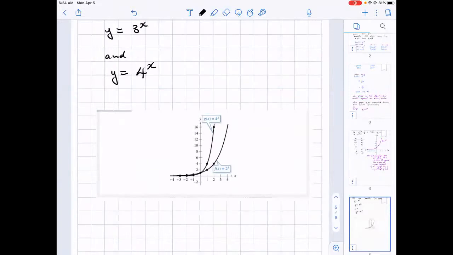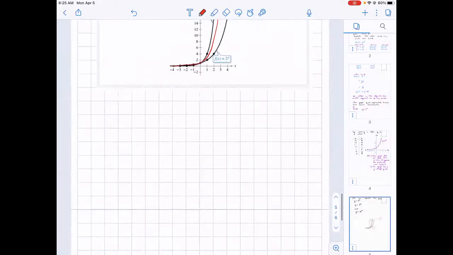I've shown here the graph of 2 to the x and 4 to the x. The graph of 3 to the x will fall somewhere closer to 4 to the x, somewhere in here. They will all look like they're falling on top of each other because the graph is so small.